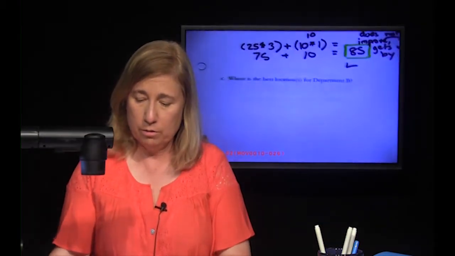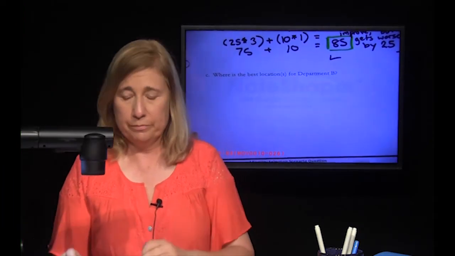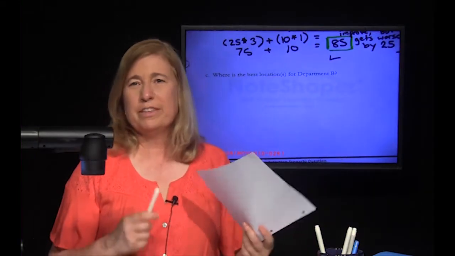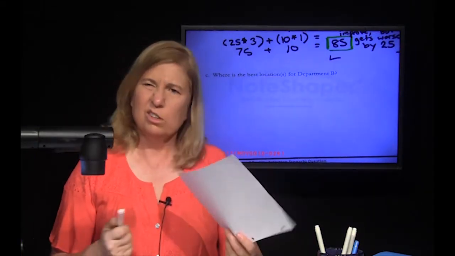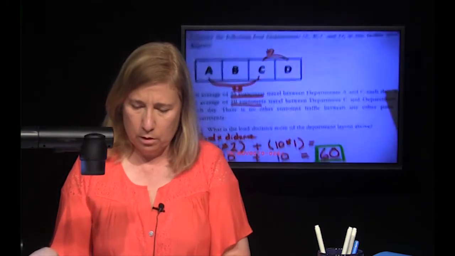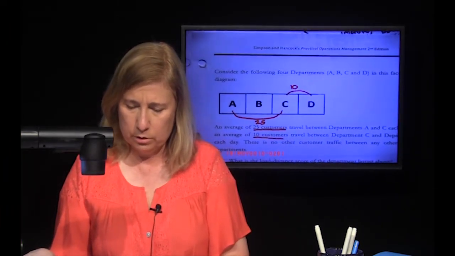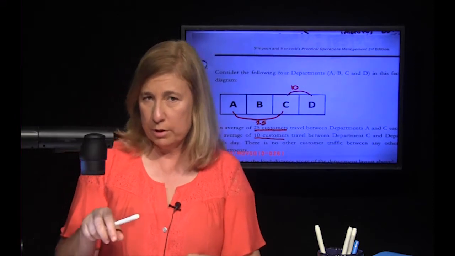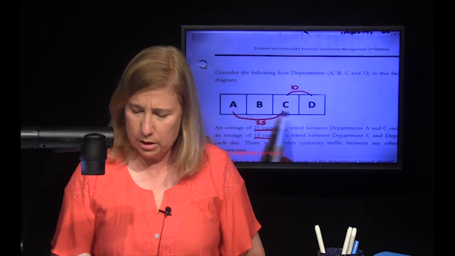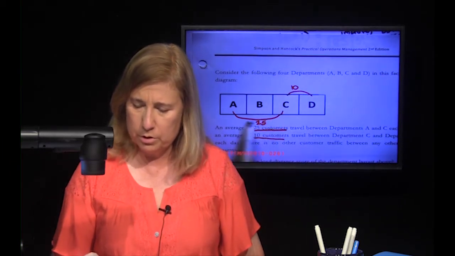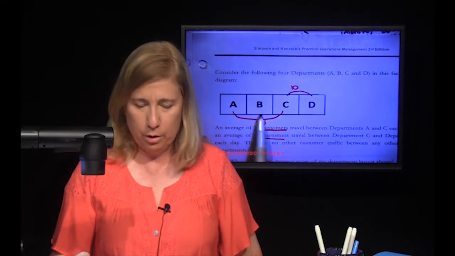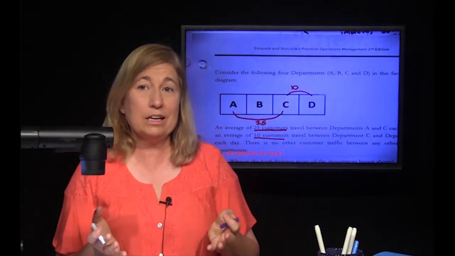Now, since we're talking about improving, the scenario asks, what's the best location for Department B? To answer that, you have to ask yourself, what's so special about Department B? Looking at the original layout, it's the one department where, when they were quoting trips, there are no customers going in or out. Maybe it's storage or something like that.